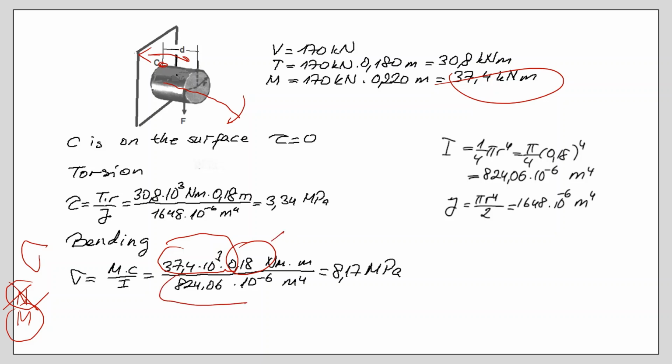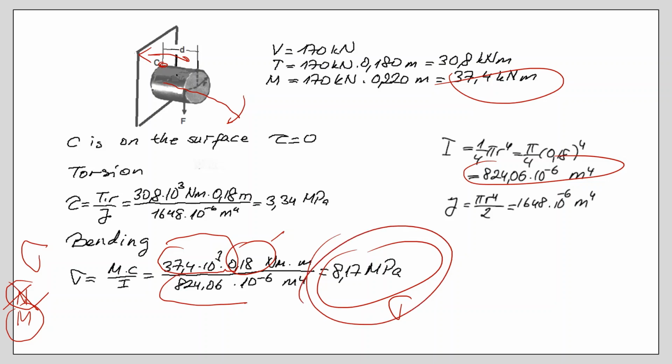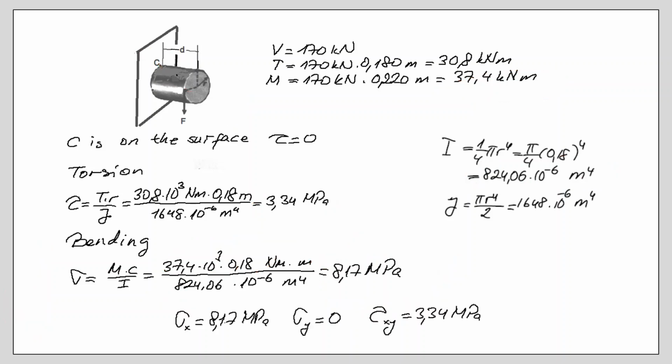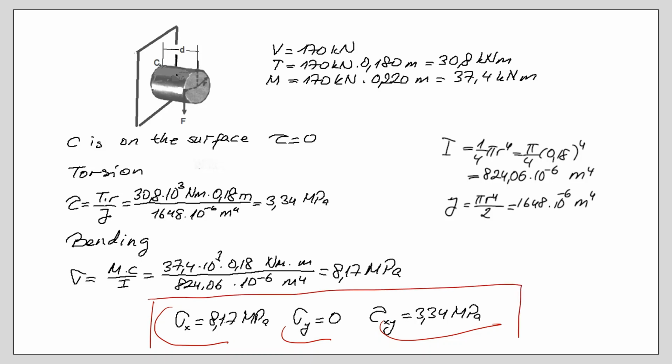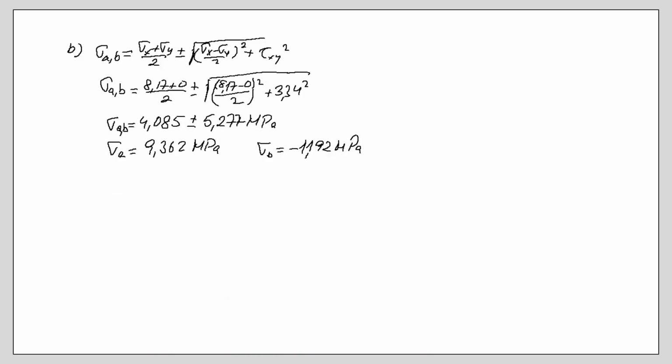That one is the moment of inertia, and my sigma is 8.17. So in point C, I have a sigma 817, I have a tau 334.